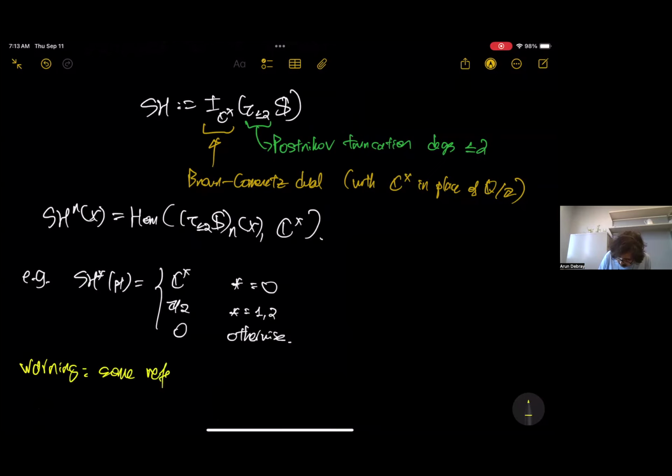We kept 3 homotopy groups here: 0, 1, 2. Some references will take only 2 homotopy groups and call that supercohomology.